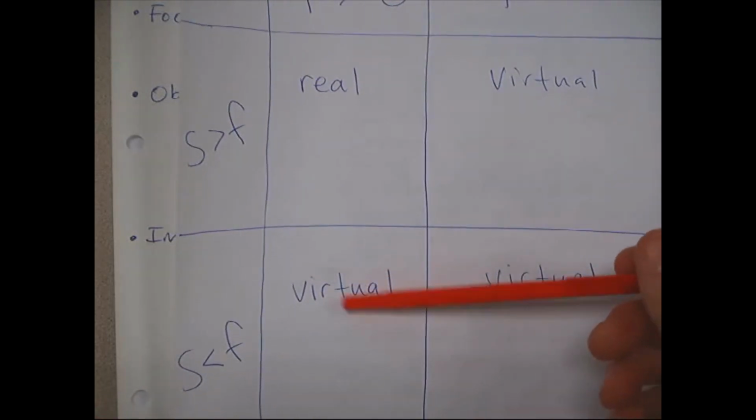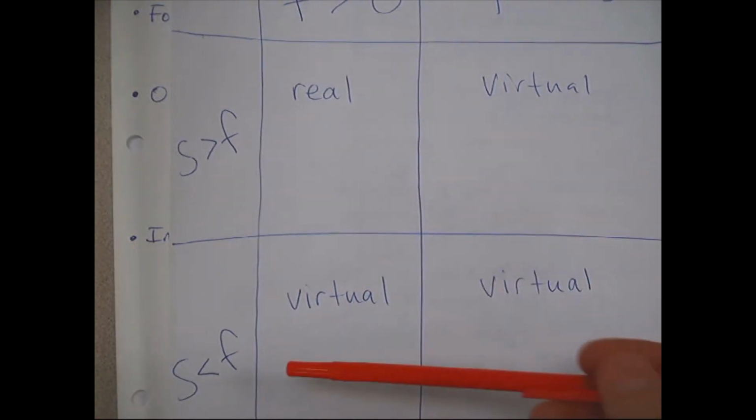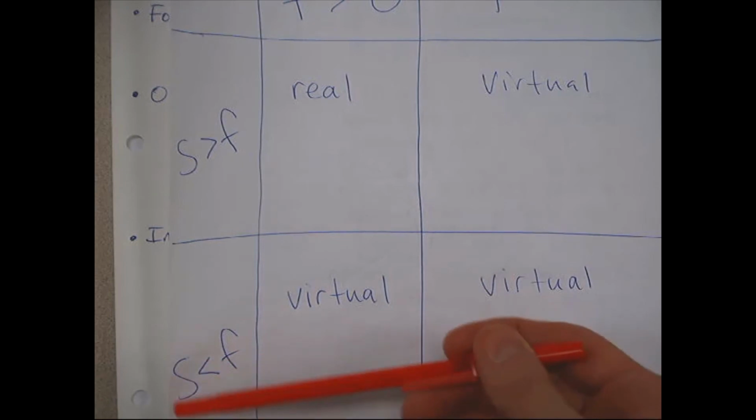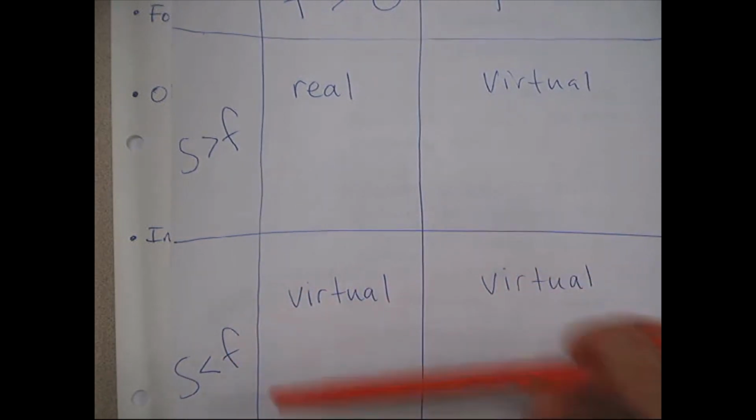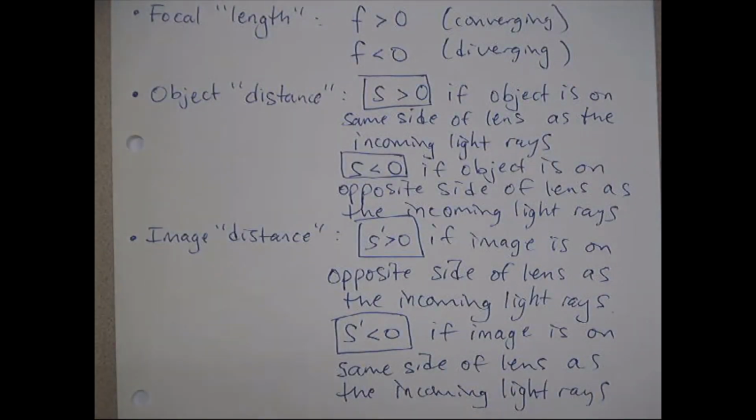You can also get a virtual image with a negative s prime if you place the object closer to the lens than the focal length. Again, that is restricted to the use of a single lens. When you have multiple lenses involved, we have to be careful with our signs as usual.